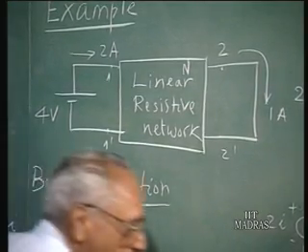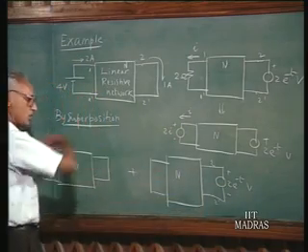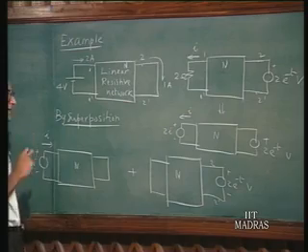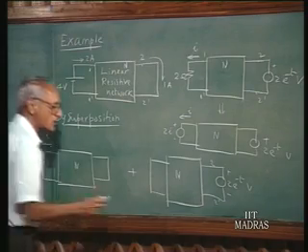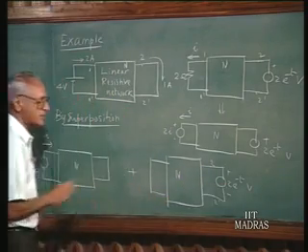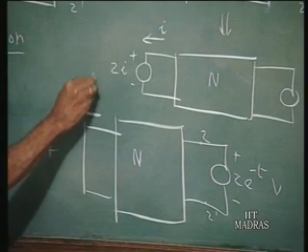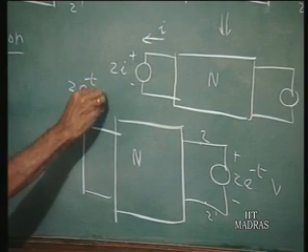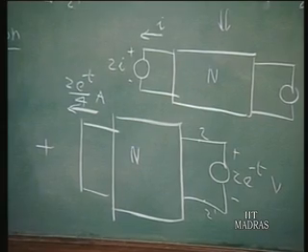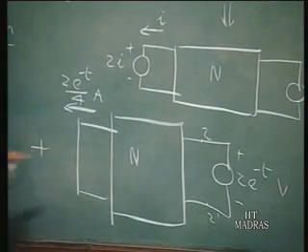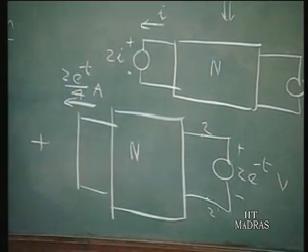Now you are applying 2e power minus t volts. So this is a reciprocal network, a purely linear resistive network. If you are applying 2e power minus t volts here, the current here would be 2e power minus t divided by 4 amperes. So we have the current due to this source as 2e power minus t over 4.